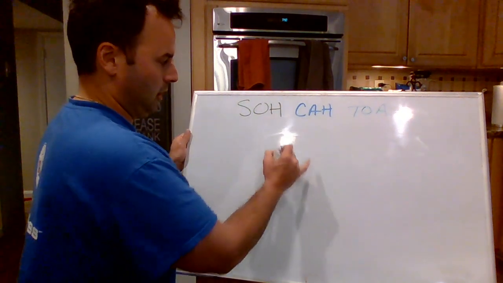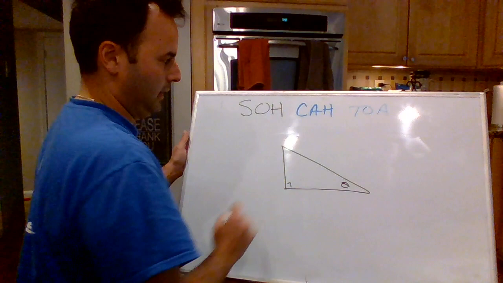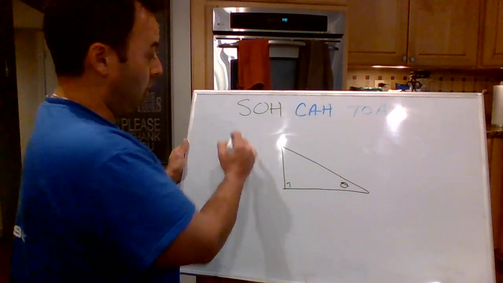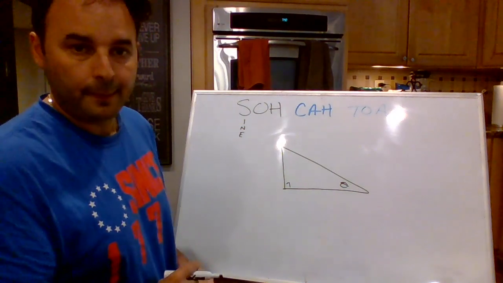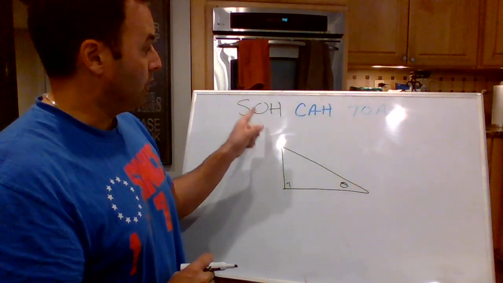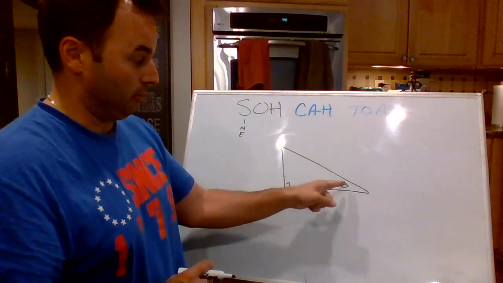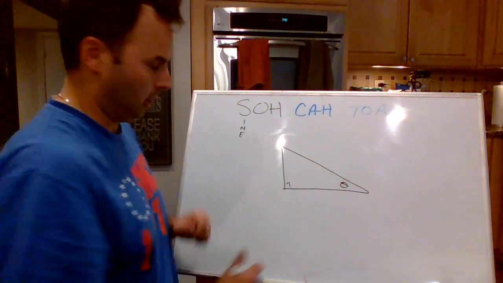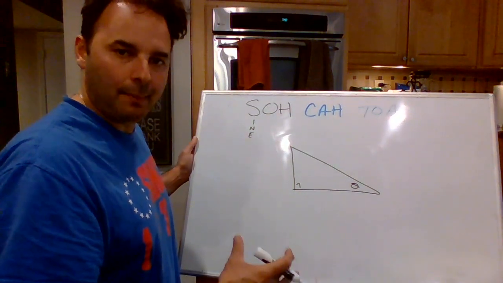So let's go back to that right triangle we had. We have theta over right angle. The SO part is going to be the sine. All right? The sine of theta, of the angle that it's given, it could be theta, it could be this angle here, right, is going to be the opposite side over the hypotenuse.